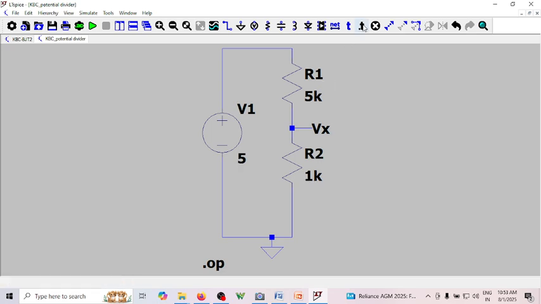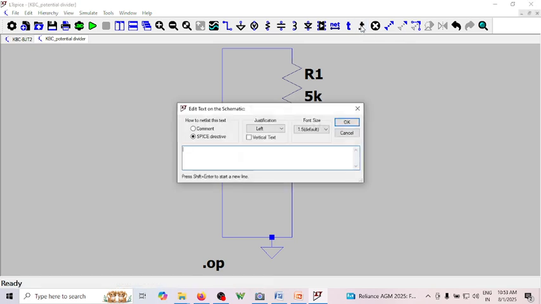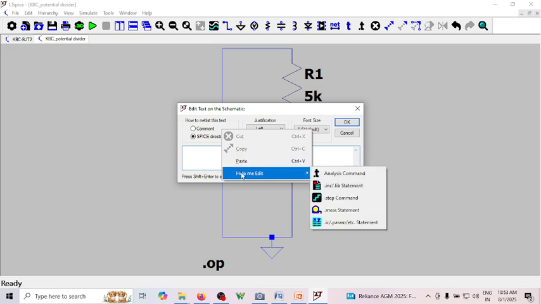For that, go to this SPICE directive. When I go to this SPICE directive, this editing window will come. Here you right click, select help me edit, and just over here select step command. Can you see there is a step command where you are able to change some parameter stepwise?